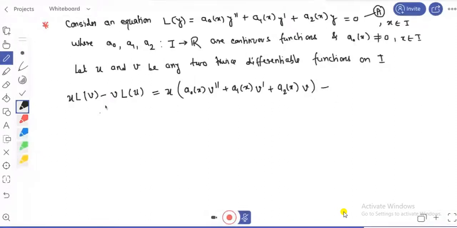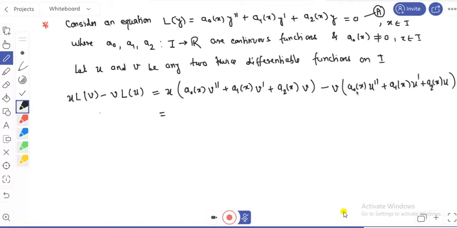Minus v, what is Lu? Here Lu equals a0(x) u'' plus a1(x) u' plus a2(x) u. And here we try to find the value of this.